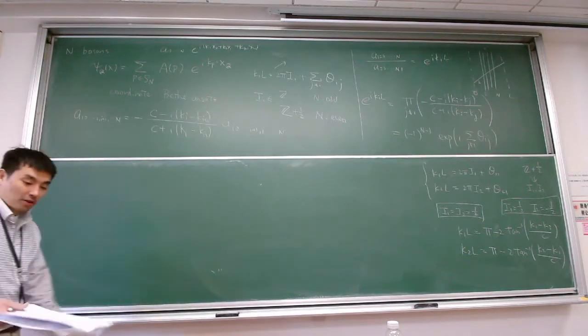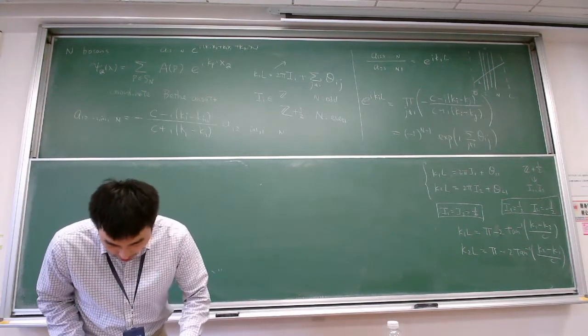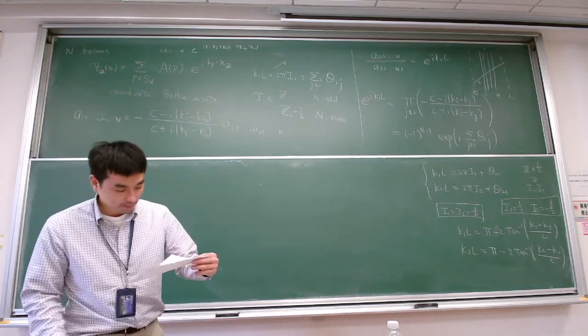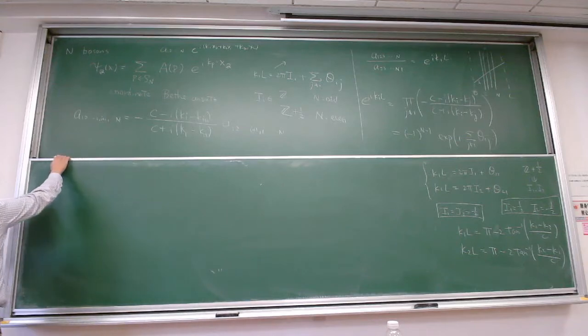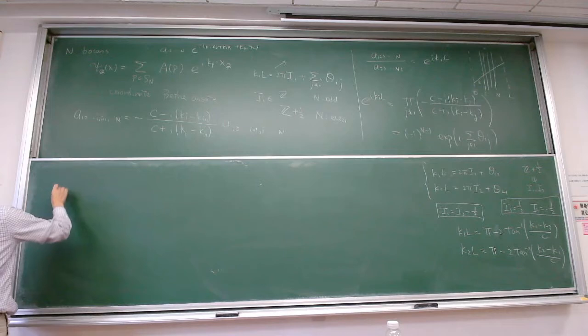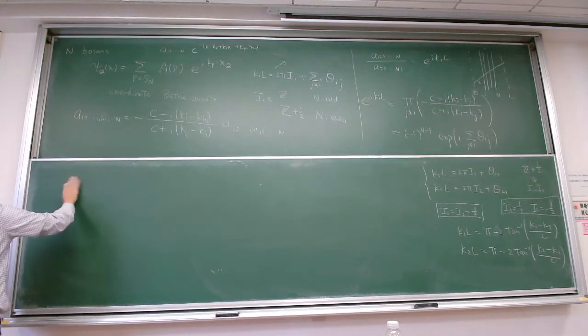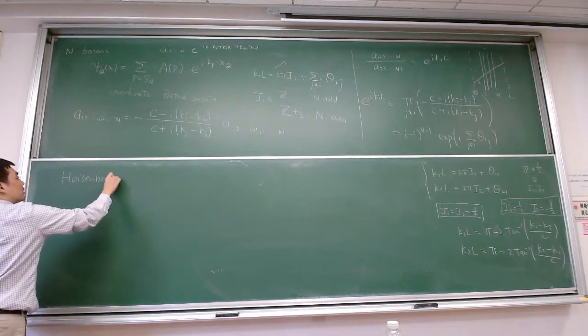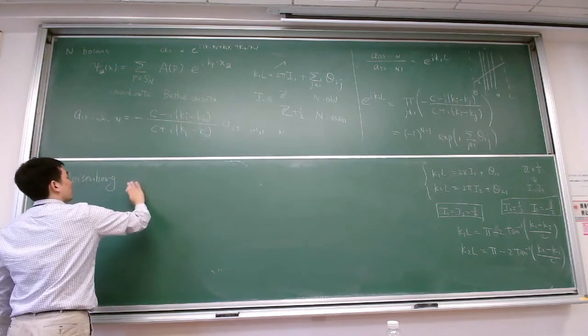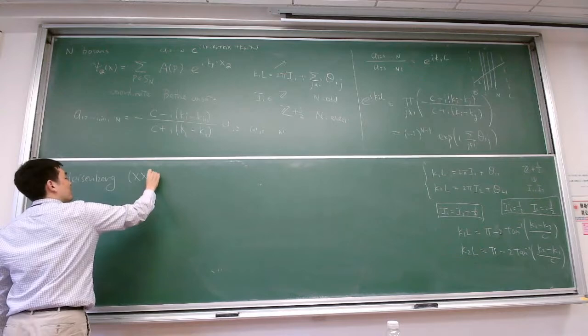This is not what I want. Where is what I want? Yep. So the Heisenberg spin chain is the following. It's very similar to what you have solved. Okay, let's write down the Heisenberg spin chain, often called the XXX spin chain.